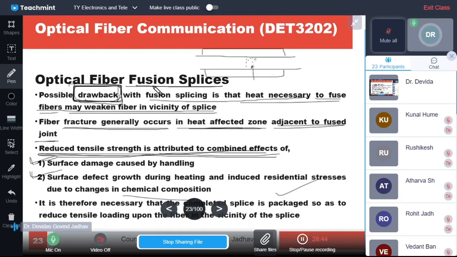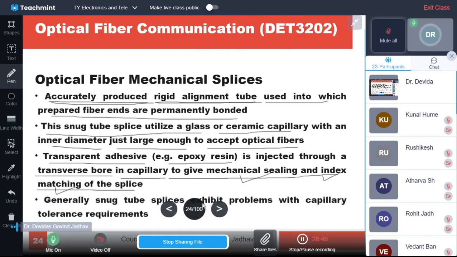So fusion splicing is one type, the other type is mechanical splicing. In mechanical splicing, an accurately produced rigid alignment tube is used. It is not fused, but the fibers are held together, and that's why a rigid alignment tube is used, into which the prepared fiber ends are permanently bonded.